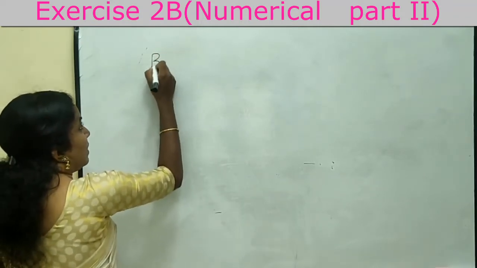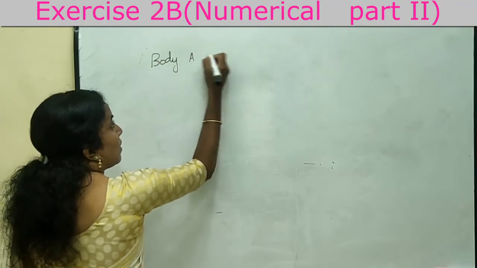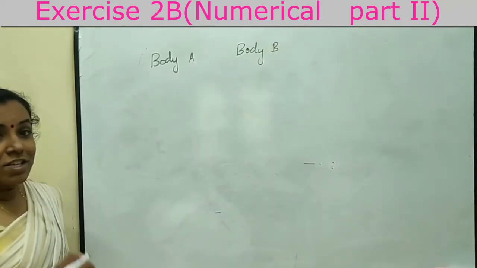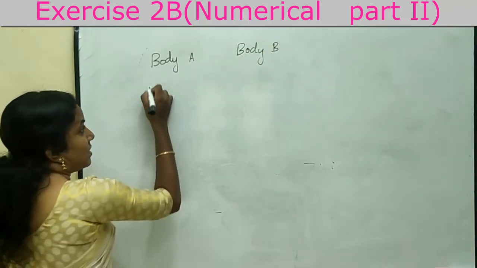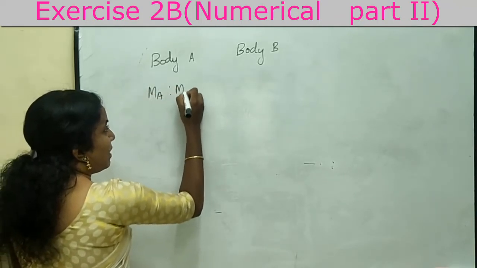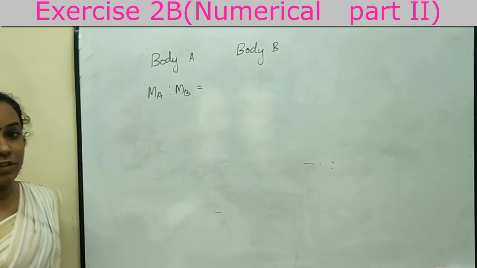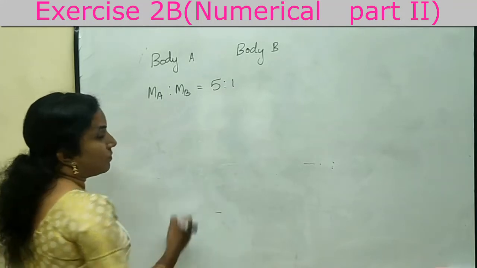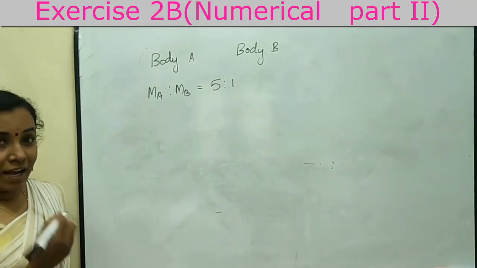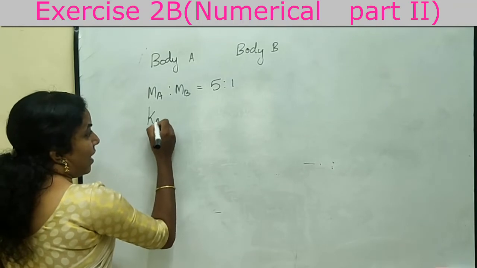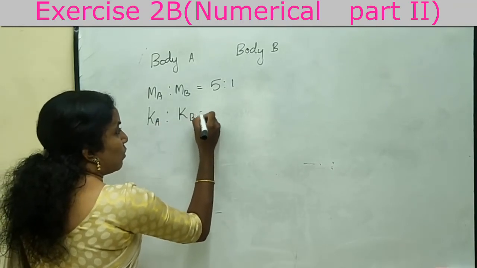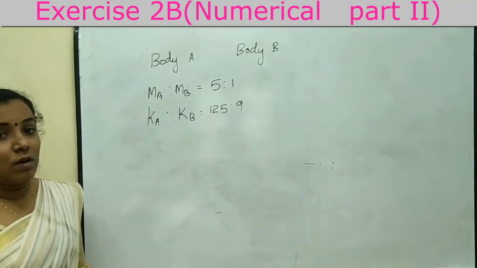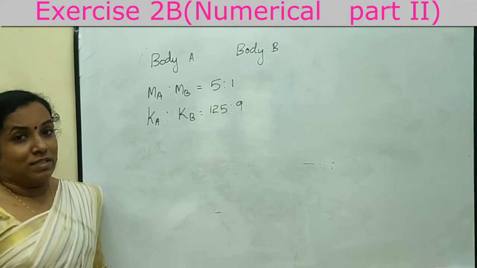Let the bodies be body A and body B. The ratio of their masses, that is MA is to MB, is equal to 5:1. The ratio of their kinetic energies, that is Ka is to Kb, is equal to 125:9. We want to find out the ratio of their velocities.